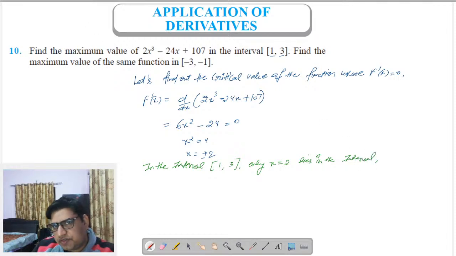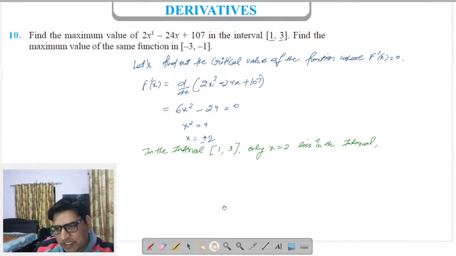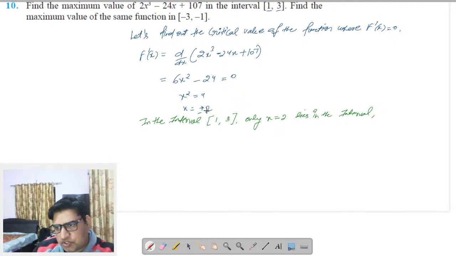So what we do here is we'll try to find the value of the function at the 3 points. The first point is at x is equal to 1. At x is equal to 1, the value of the function f(x), or you can say f1, will be equal to 2 into 1 cube minus 24 into 1 plus 107.